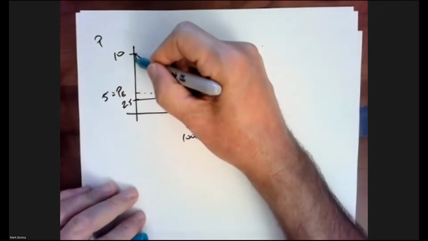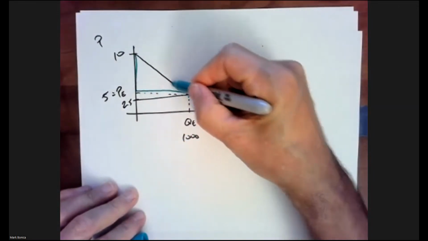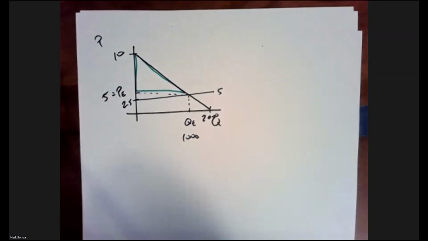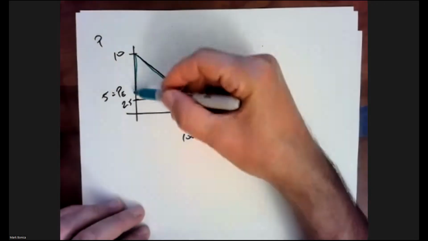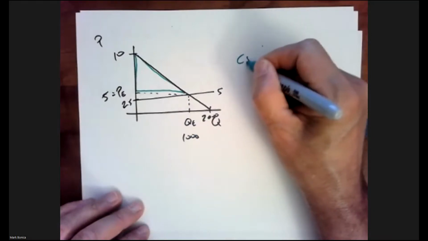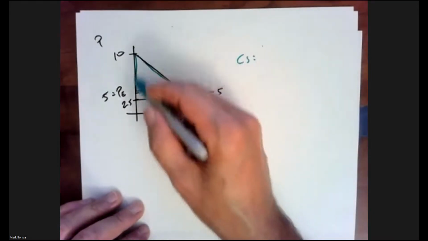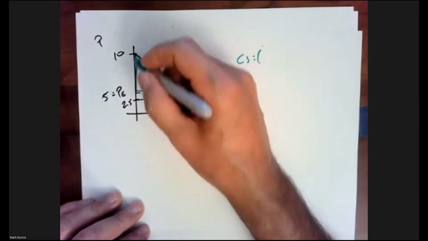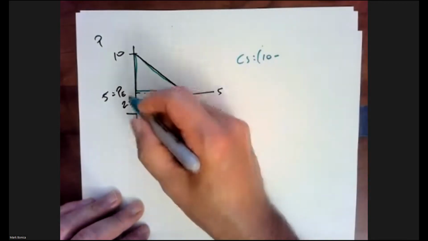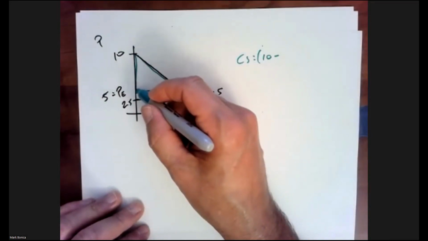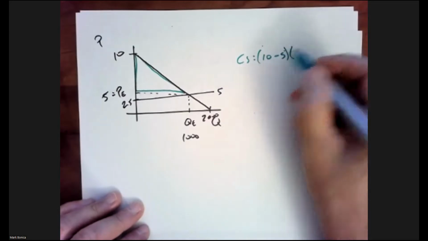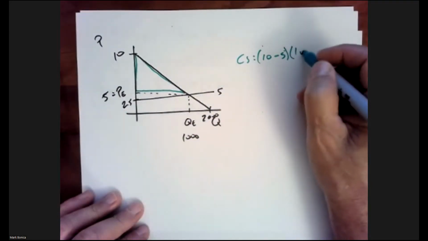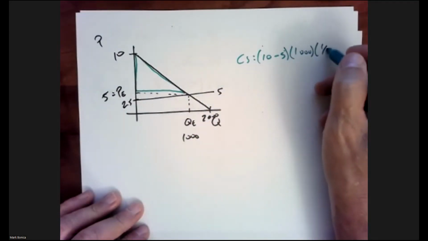So consumer surplus is this triangle. To get my consumer surplus, I want the area of this triangle. The area of this triangle is 10 high minus 5, because the triangle just goes down to 5, times the width, which is 1,000, times 1/2.